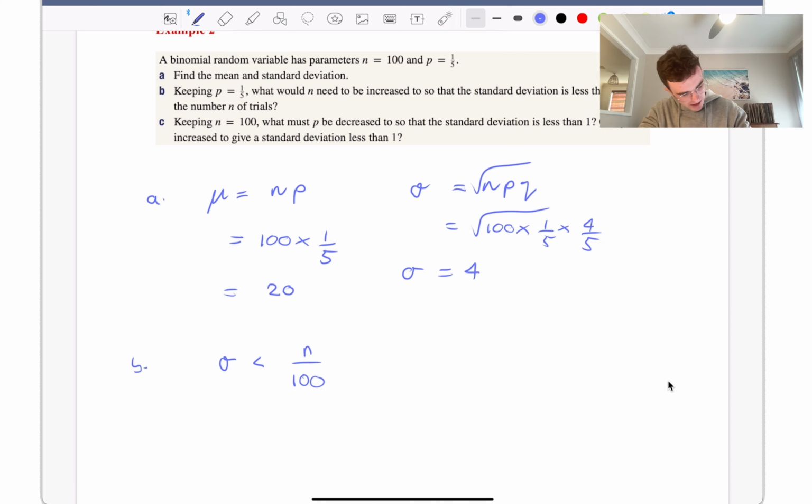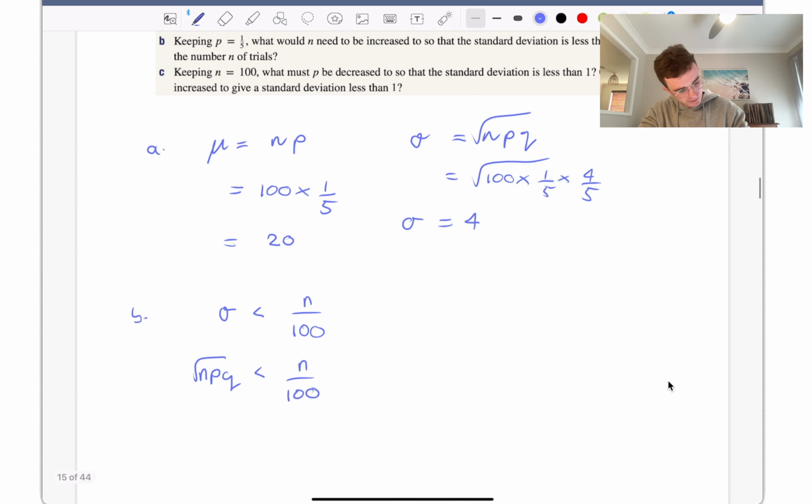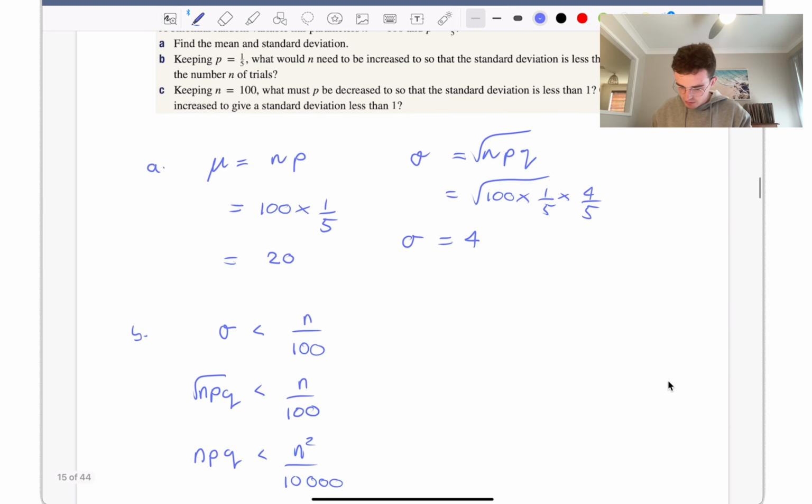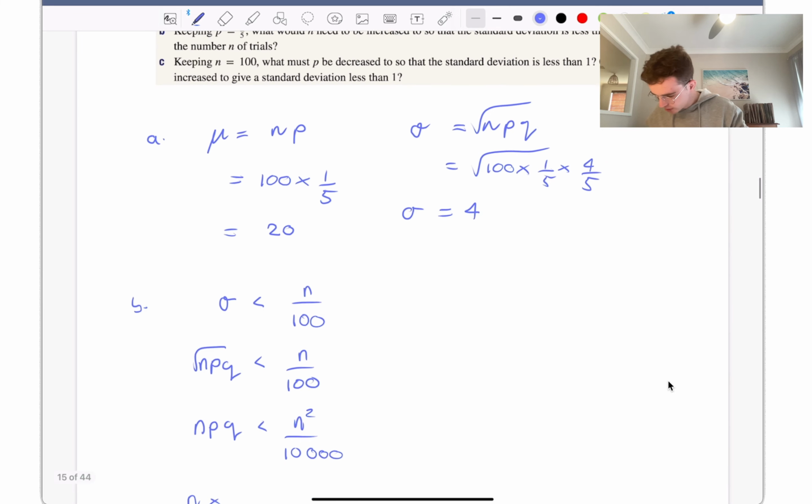So, in other words, we're saying that the standard deviation is less than the number of trials on 100. Now we know that the standard deviation, the square root of npq, is less than the number of trials on 100. Square both sides, npq is less than n squared on 10,000. But we already know what p and q are, so n times 1 on 5 times 4 on 5, which is 4 on 25.